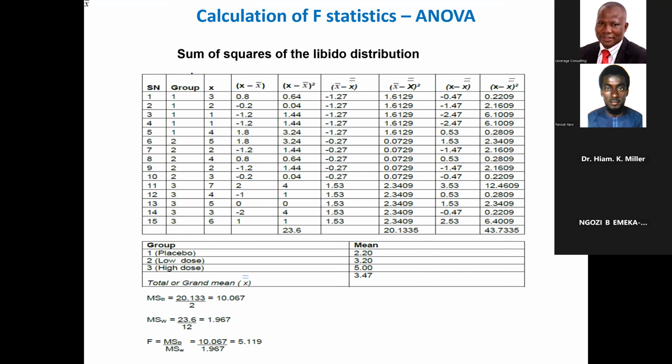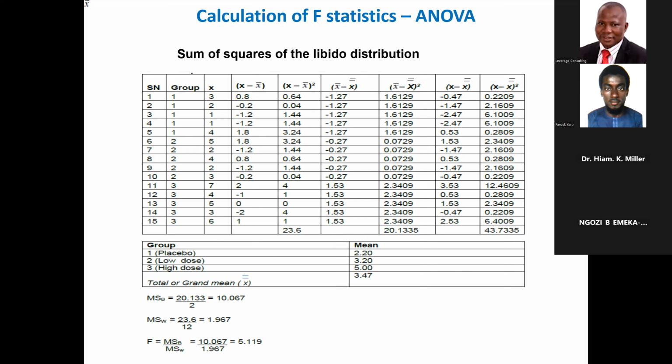The MSW means mean square within the group. If you remember, the sum of square within is 23.6 over 12. You remember that each of the groups is 5, 5, 5.